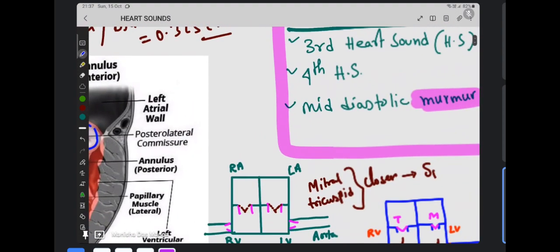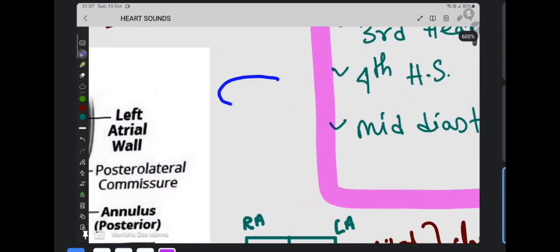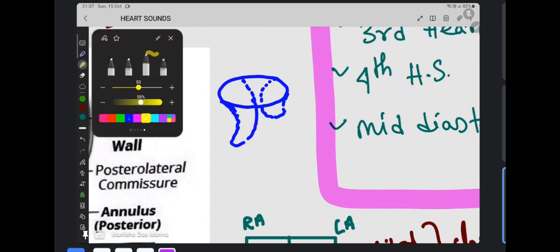Let's imagine schematically. This is the annulus of the mitral valve, and there is one anterior leaflet. This is the anterior leaflet, and there is one posterior leaflet. These are the leaflets of the mitral valve. Or you can say that there are two cusps.